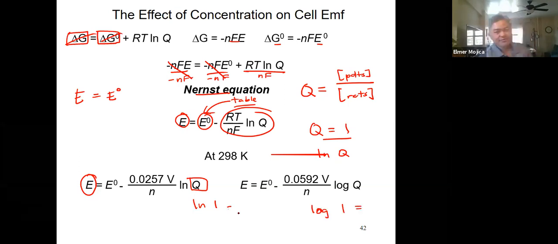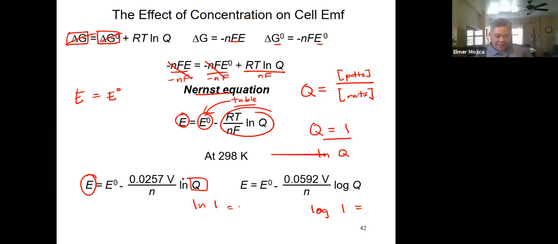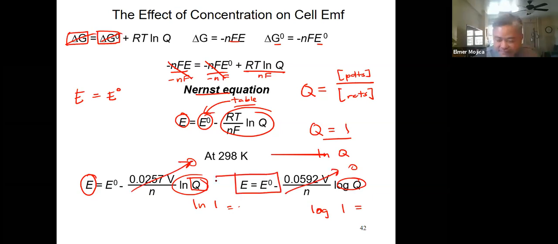Anyone? Hello? All you need to do is look at your calculator. 0. Okay, so when Q is equals to 1, this whole thing here will be equals to 0. So when you multiply it to this one, that will also become 0. So that's the time your E has the same value as your standard E.